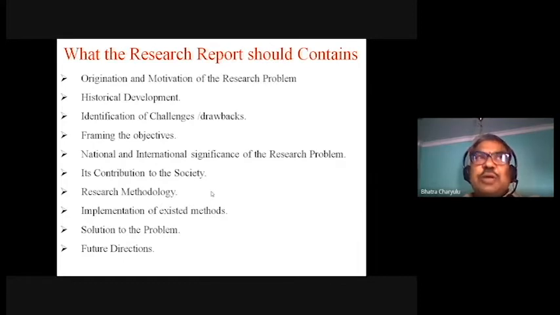That is what you define in the methodology, along with implementation of existing methods, solution to the problem, and future directions. So these are the major statements that you are attempting in any research report.